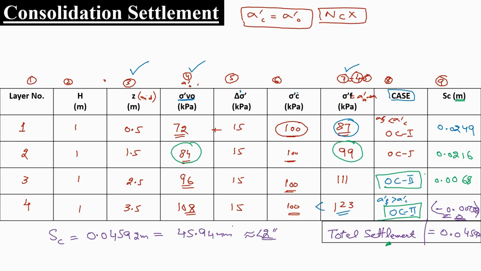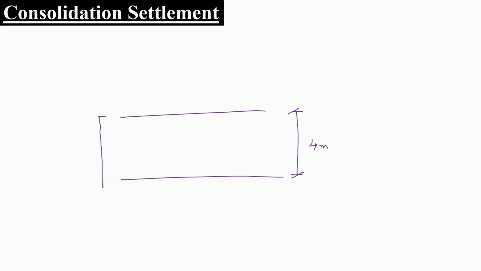So this is how you can calculate the consolidation settlement of the clay layer. In the other case, if you have a clay layer of the same 4 meters and you want to divide it into 5 layers or 6 layers, you can divide it like this.